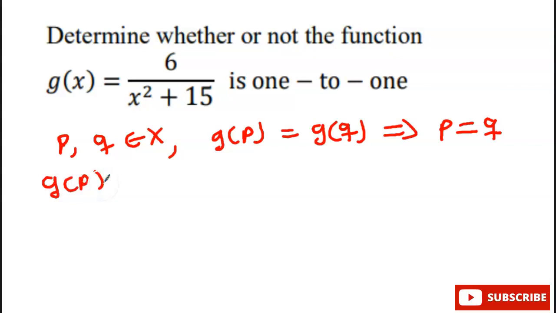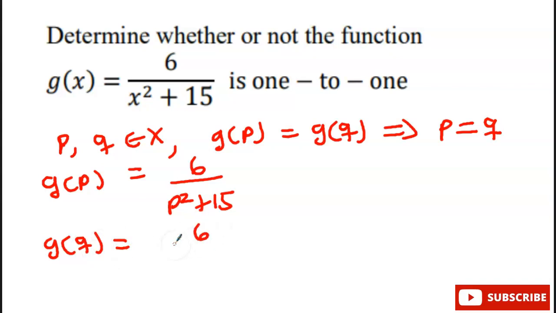So let's find g of P. g of P is equal to 6 on P squared plus 15. And then g of Q is equal to 6 on Q squared plus 15.